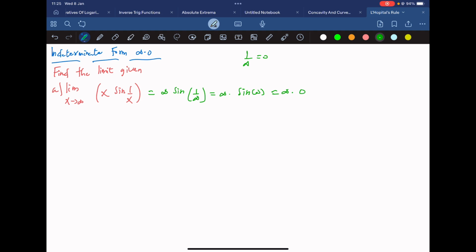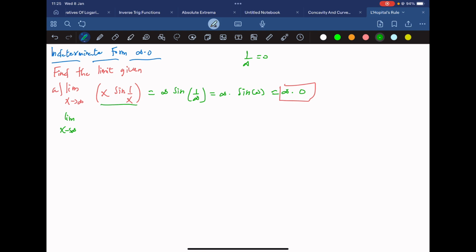So note that this is an indeterminate form, and this is not the same as 0 over 0, right? So there is a way of solving this. Whenever you have this indeterminate form, what you have to do is to rewrite this expression. Now let me show you how to rewrite it. So you have the limit as x approaches infinity.